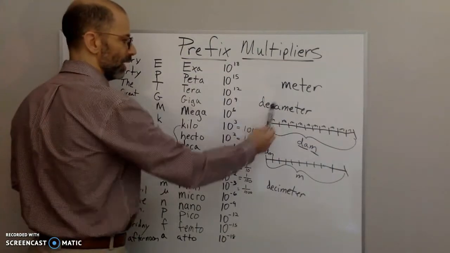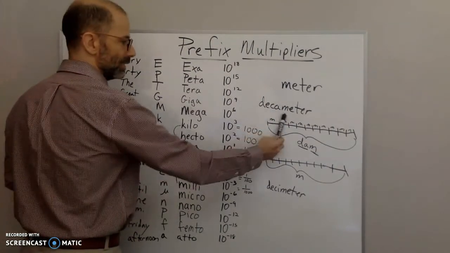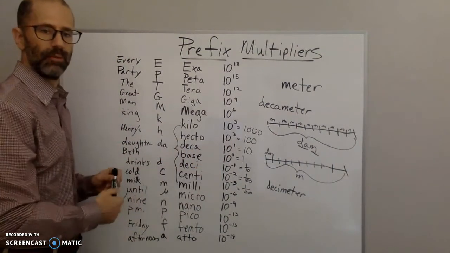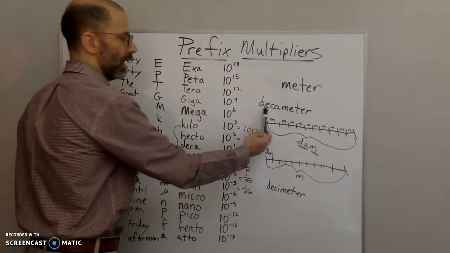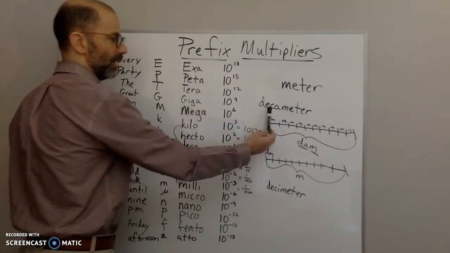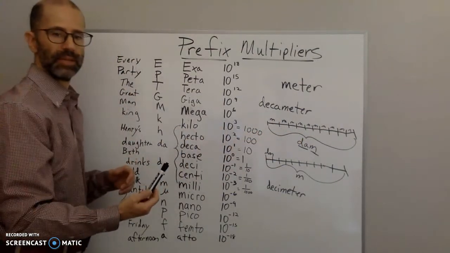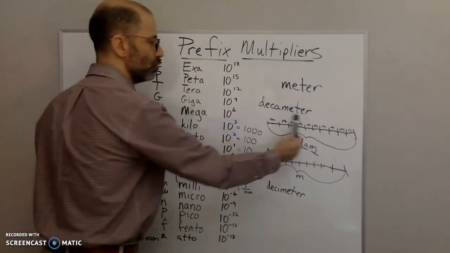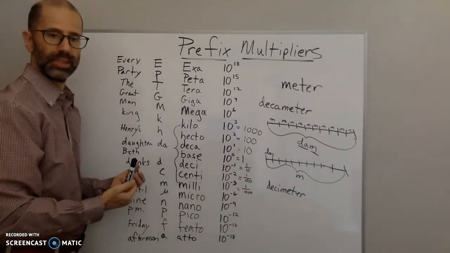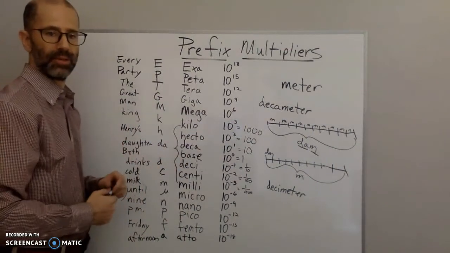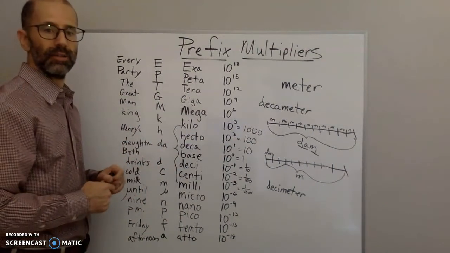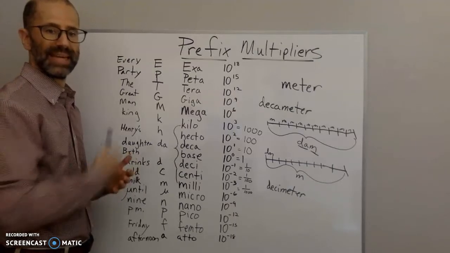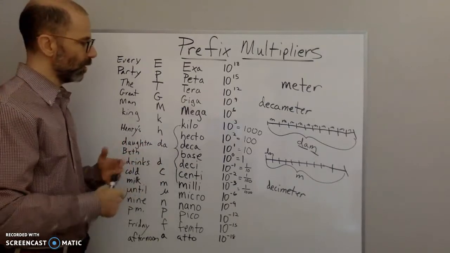So instead of meter, I use decameter, and since deca stands for 10 to the 1, or 10, my multiplier now says 10, so now I have 10 meters. I've multiplied the base unit by 10 by adding the prefix, and so this new unit that I'm using is 10 times the length or size of the base unit, in this case, meter. So decameter is 10 meters. Deca is 10, right?